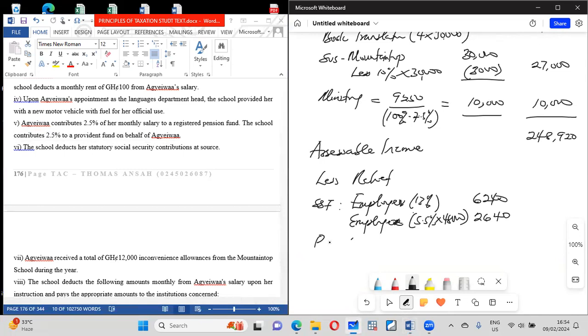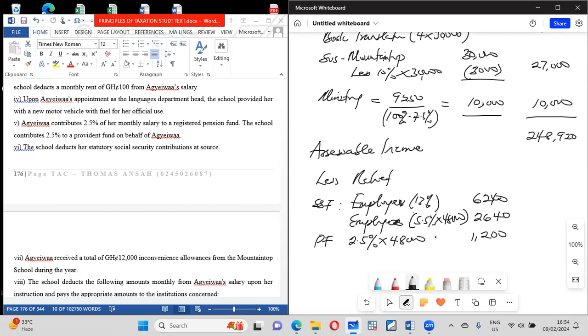She pays 2.5 of her 48,000. So that is 1,200, like we had up there. So there was one that the employer was doing for her, and there is one now she is doing herself. Okay, so that is that.